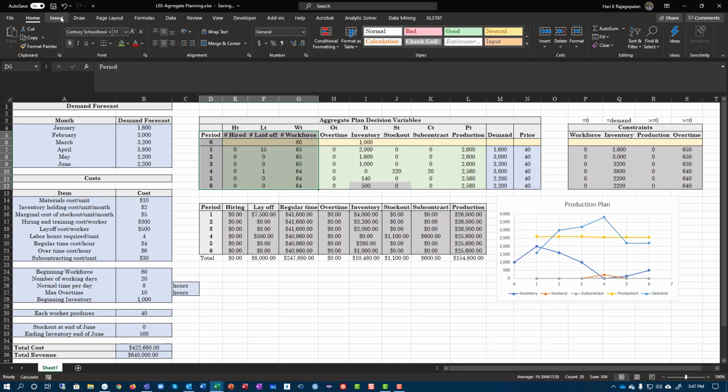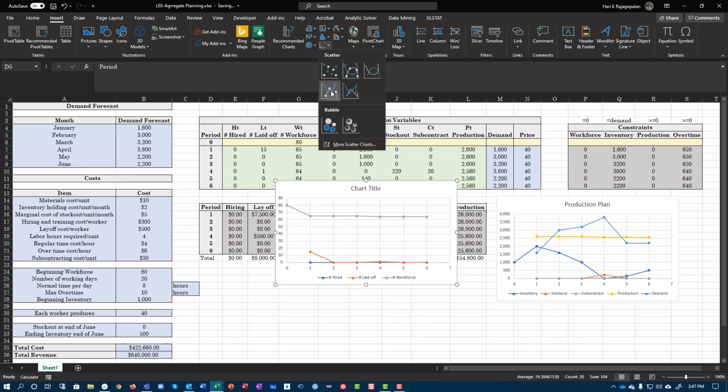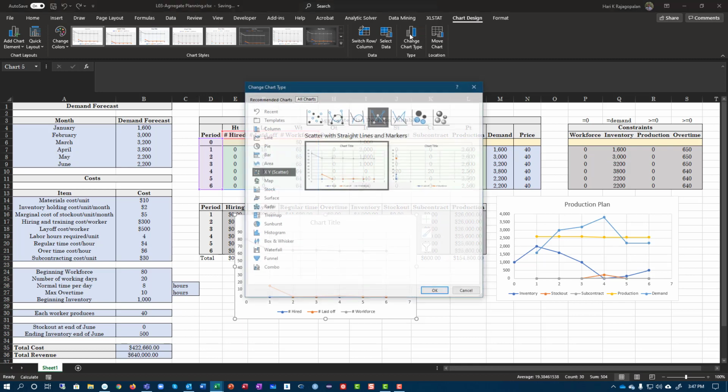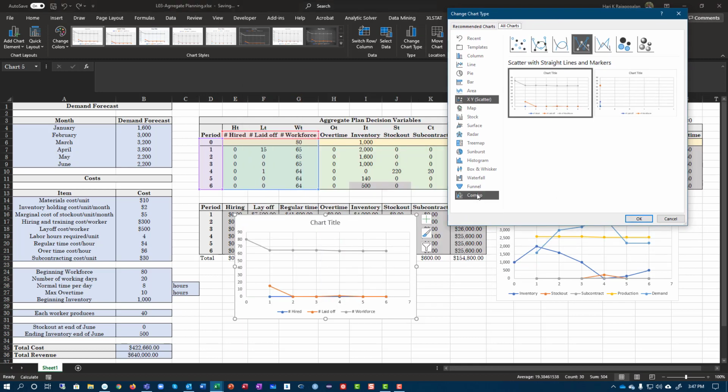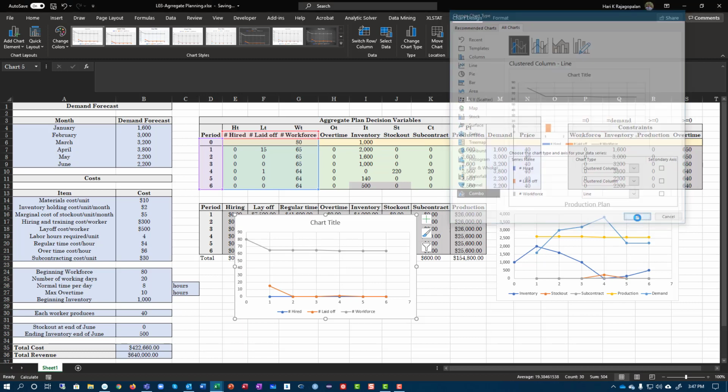So let's go ahead and create a chart here. I'm going to start off by showing it as essentially a line chart, but let's go ahead and change the chart type, right? And go to combo. And let's change the hired to a clustered column, laid off to a clustered column, and workforce as a line, right?